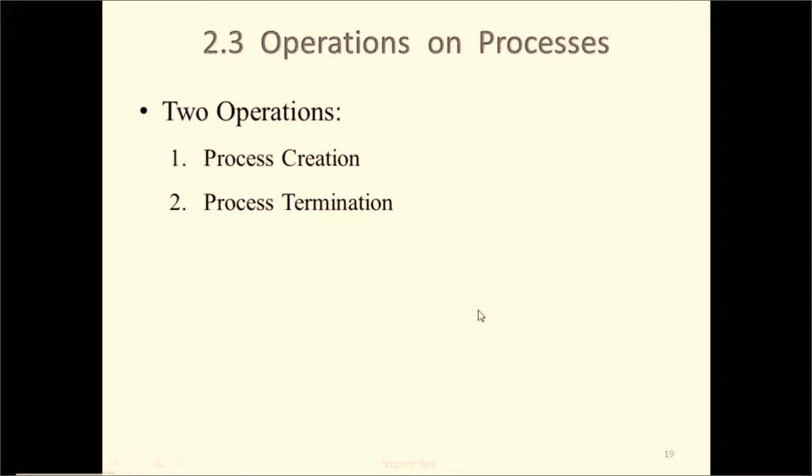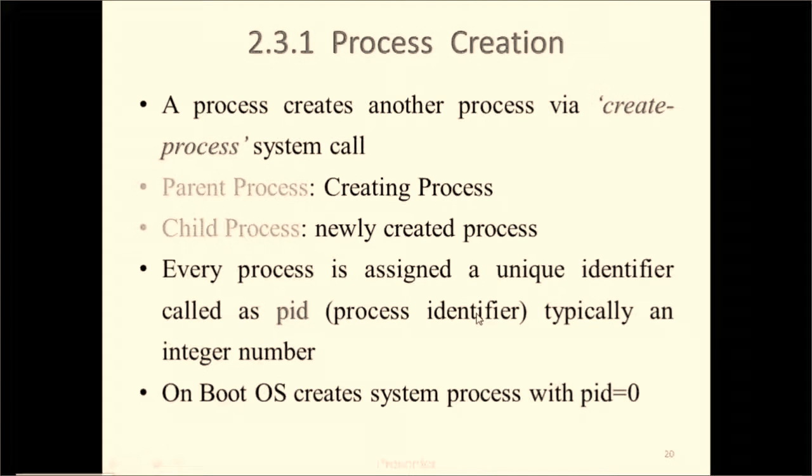Operations on processes. This we have seen, right? Process creation, process termination. But now we are getting into details of this. The first operation is process creation, and then we'll discuss process termination. Process creation: a process creates another process via the create process system call.